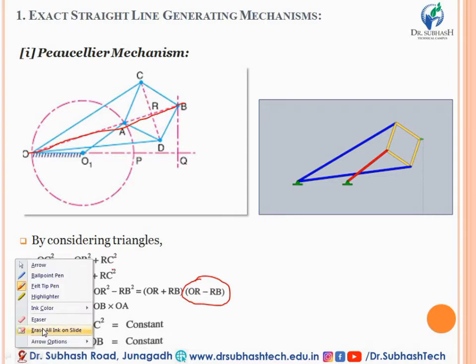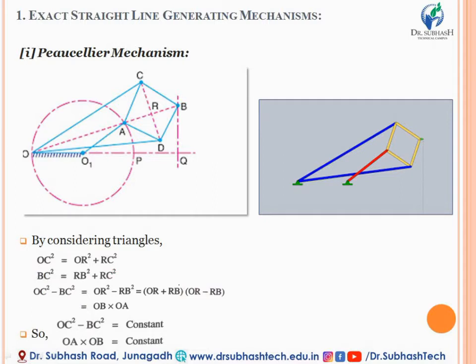Again I repeat how to replace it. OR is the entire length, and you just need to subtract the value of link RB, but we know that RB is equal to AR. So you just have to subtract the value of link AR from the entire link OR. By doing so, the remaining length of the link will be OA.